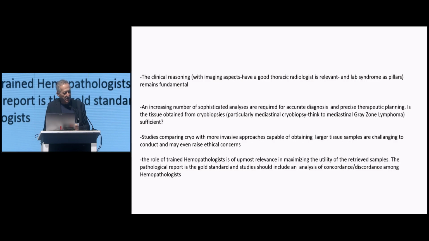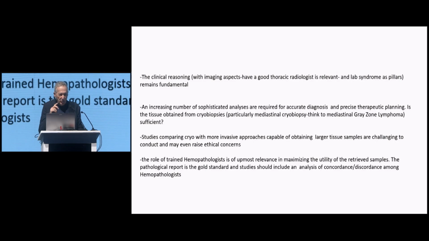But we have problems. The clinical reasoning remains fundamental. An increasing number of sophisticated analyses are required for accurate diagnosis and precise therapeutic planning. Is the tissue obtained from cryobiopsy, particularly mediastinal cryobiopsy, sufficient?